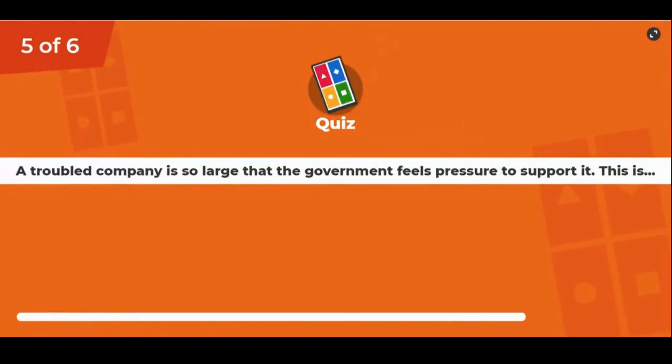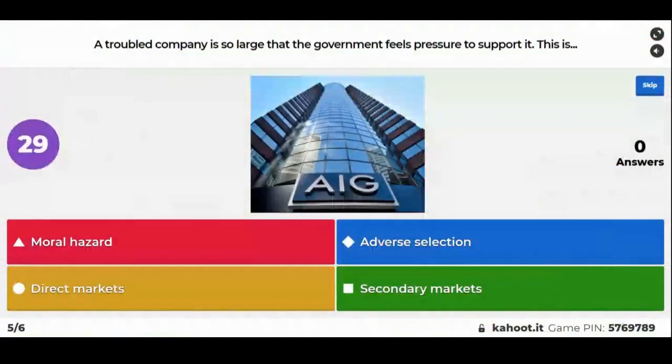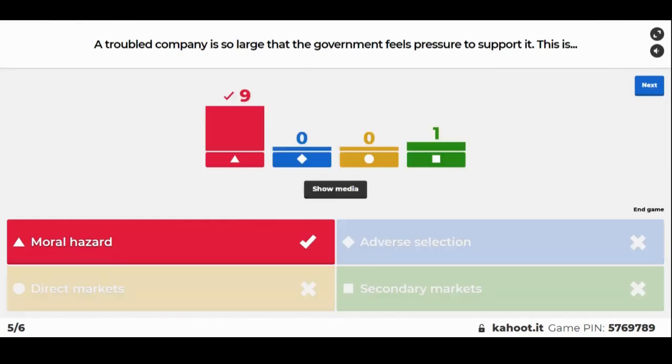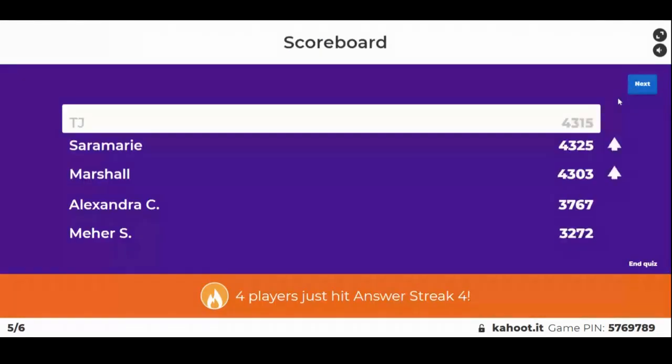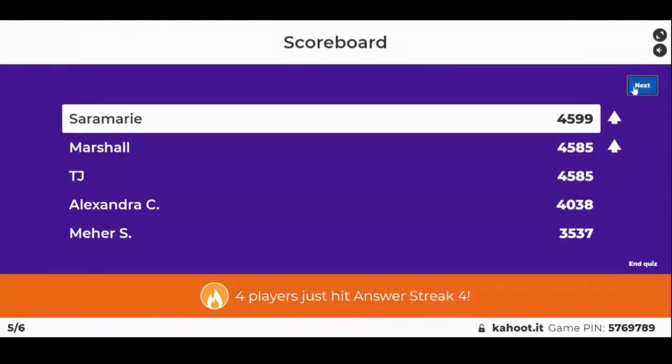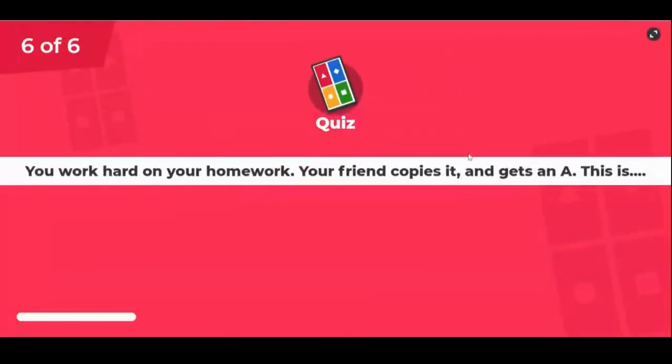A troubled company so large the government feels pressure to support it. Is it moral hazard? Is it adverse selection? Is it direct markets? Or is it secondary markets? Two people thinking their answers, one person thinking their answer. Very good. Ooh, Sarah Marie's just edged ahead.